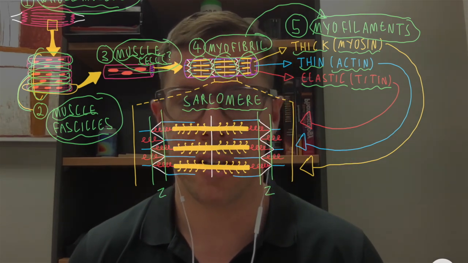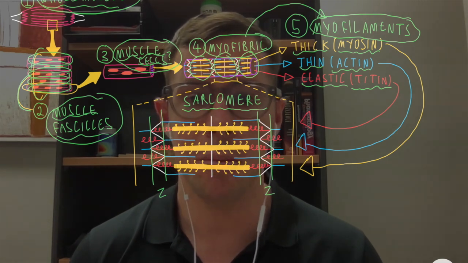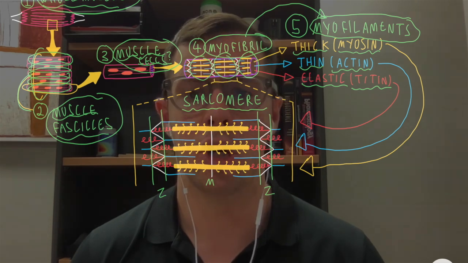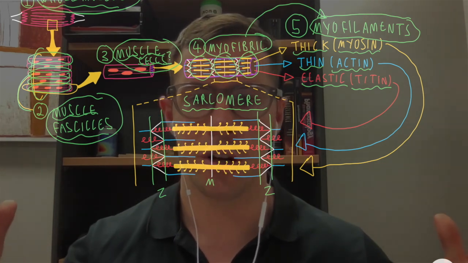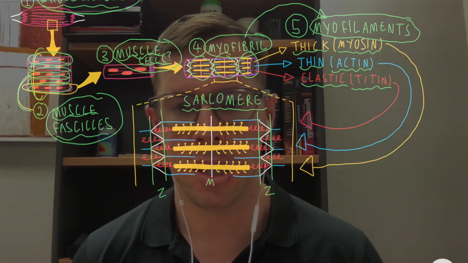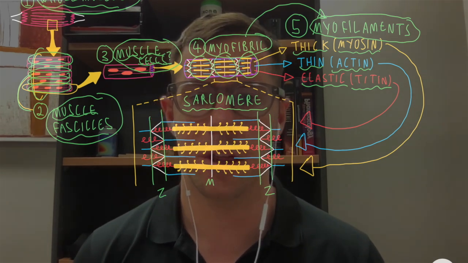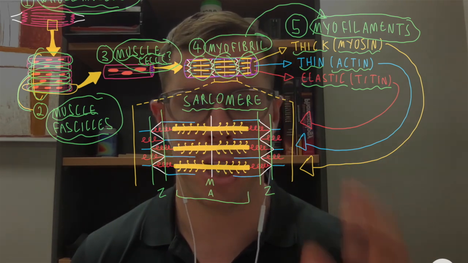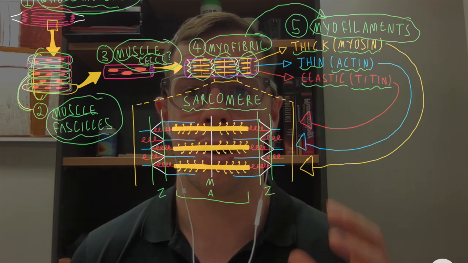The middle of a single sarcomere is the M line. Myosin pulls actin towards the M line during muscle contraction, which shortens the sarcomere. The A band is the length of a single thick filament. Note, A bands contain both thick and thin filament overlaps.